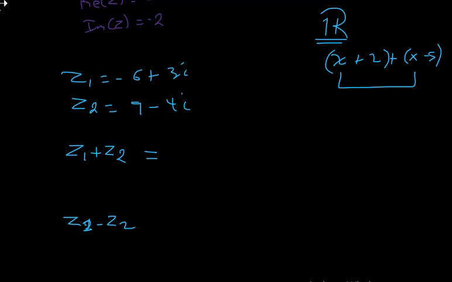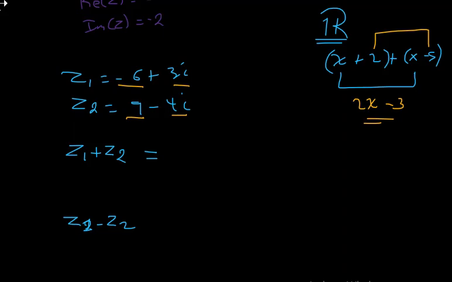Do the same thing for complex numbers. You have x plus x is 2x, and then you add 2 and minus 5, which is minus 3. Do the same thing here. Add real numbers with real numbers, imaginary numbers with imaginary numbers.